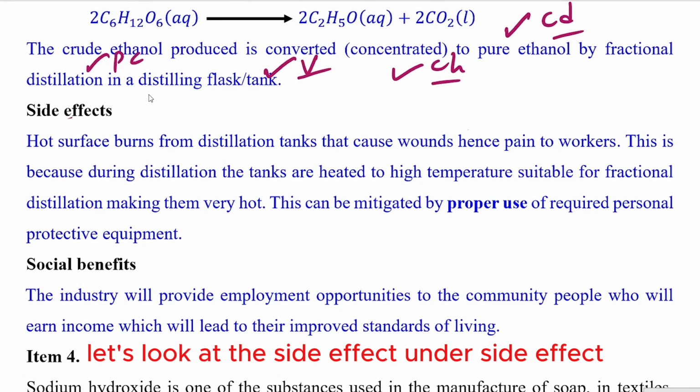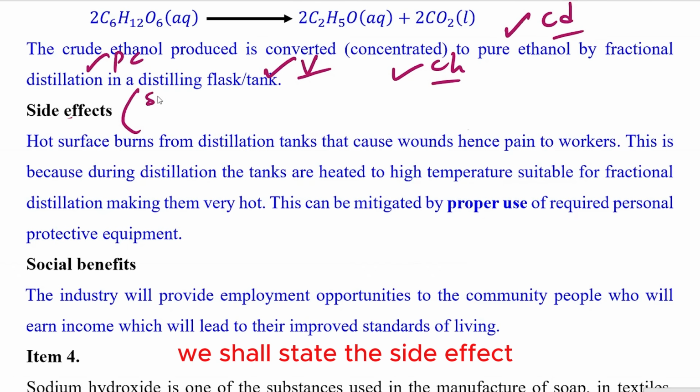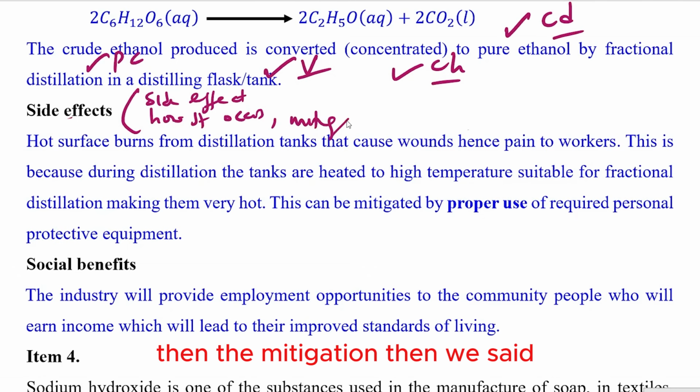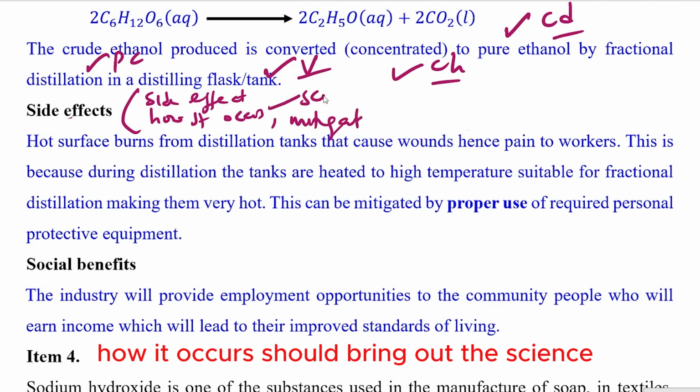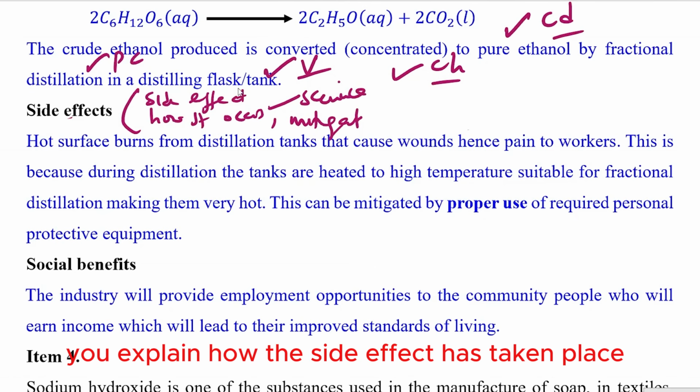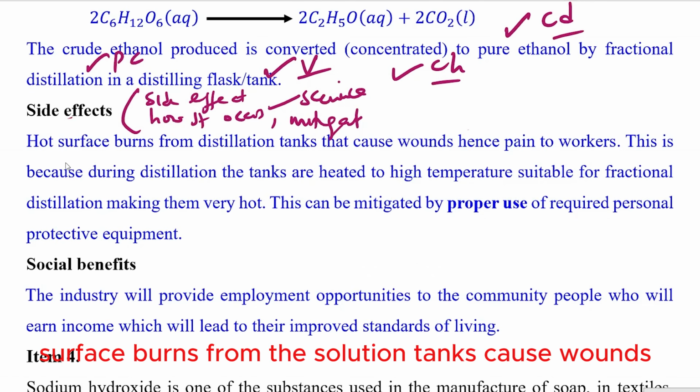Let's look at the side effect. Under side effect, we shall state the side effect, then state how it occurs, then the mitigation. How it occurs should bring out the science, not just an explanation. You explain how the side effect has taken place. Let's look at it. Hot surface burns from distillation tanks cause wounds.